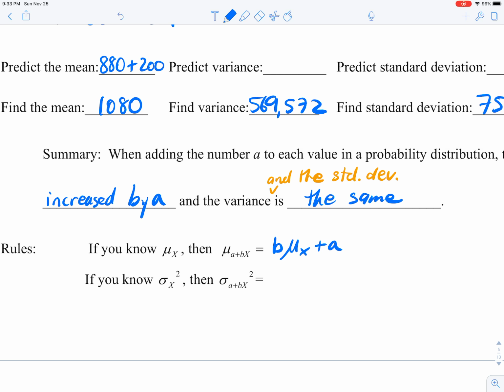If you know the old variance, the new variance will be that multiplier squared times the old variance, and a doesn't have an effect on it. Similarly, if you know the old standard deviation, then the new standard deviation, after you've augmented and shifted, would simply be the augmentation times the old standard deviation. And a won't affect it, as we just saw. And that's it.